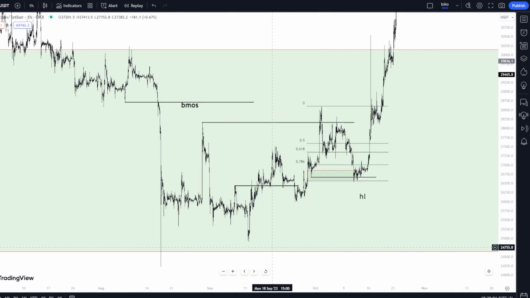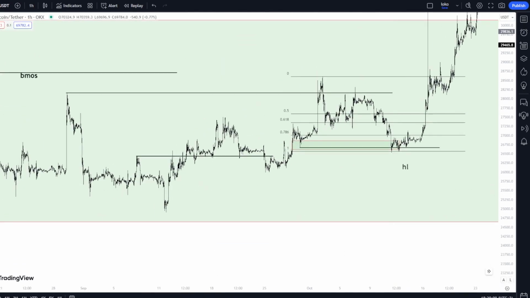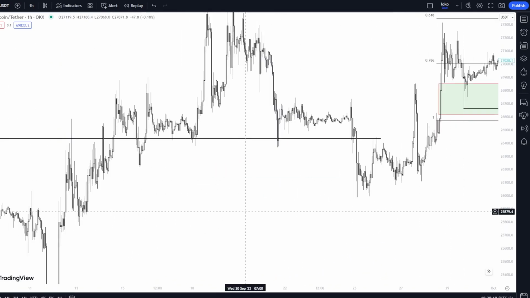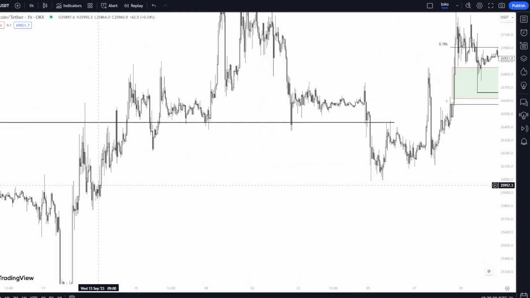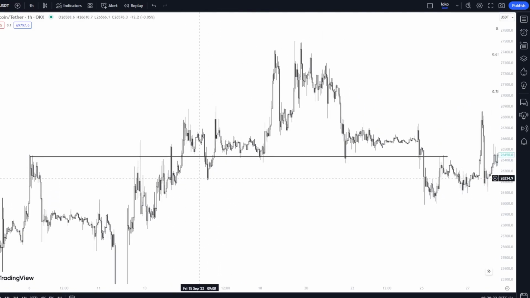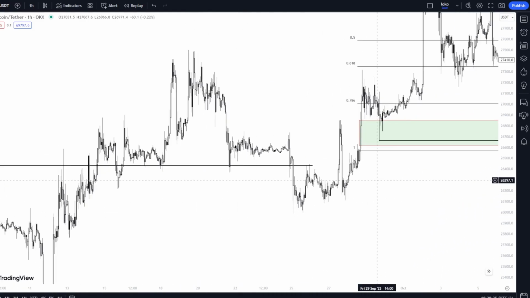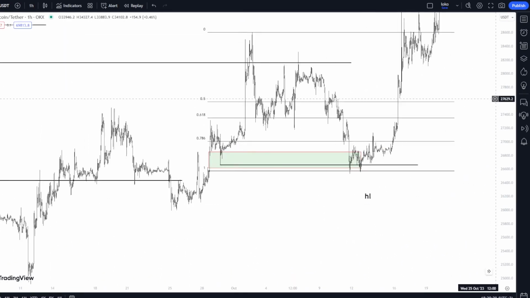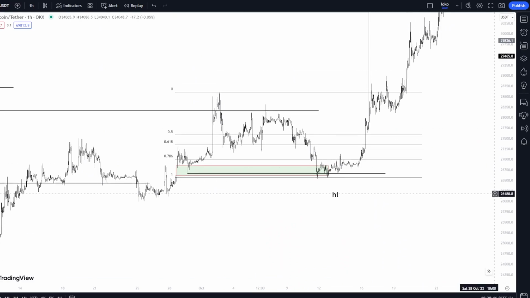For example, here is the break of substructure to long positions, and here you can find our entry points. For example, in this situation, or confirming this FVG, these order blocks, resistance levels, and go for long positions, and it will be a good trade for you.